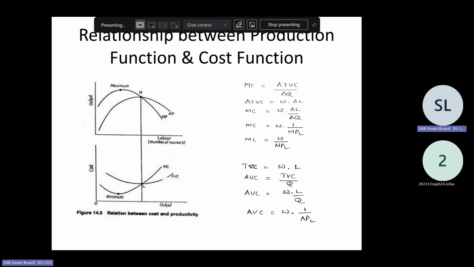Now this one shows the relationship between the production function and the cost function, right? Here we incorporate average productivity and marginal productivity. The cost function we highlighted here covers marginal cost and average cost.